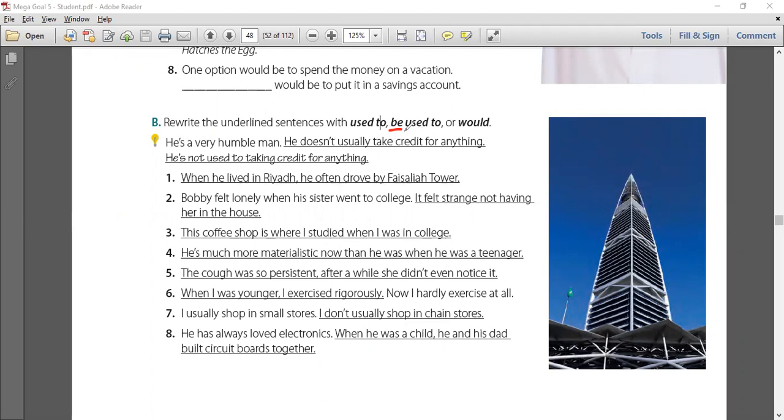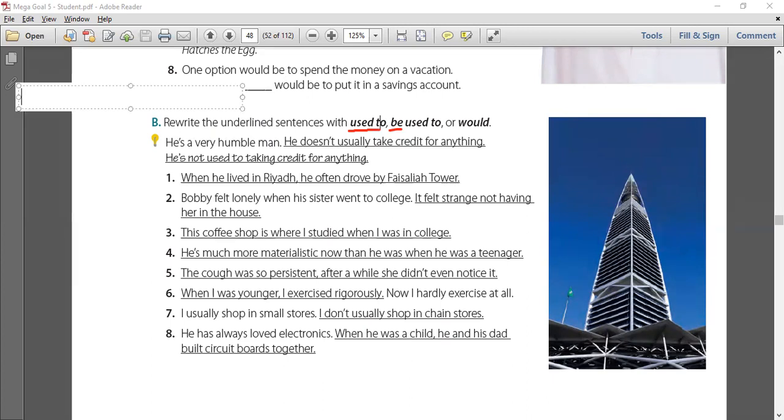What is the meaning of used to? Does it mean the same thing as this used to? What is the difference between I used to wake up at 9 in the morning or I am used to waking up at 9 in the morning? Whole different meaning.